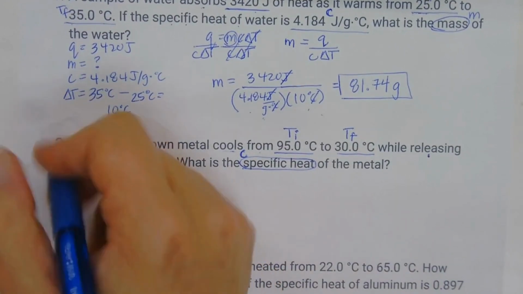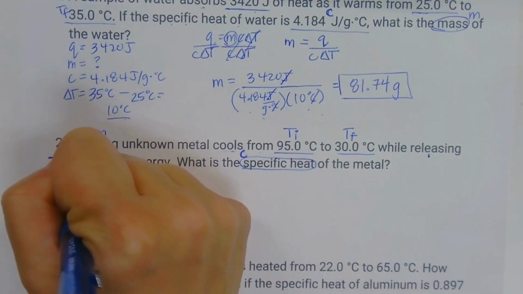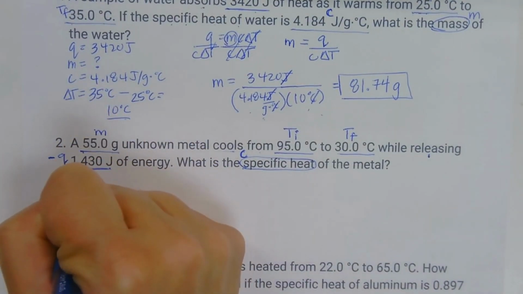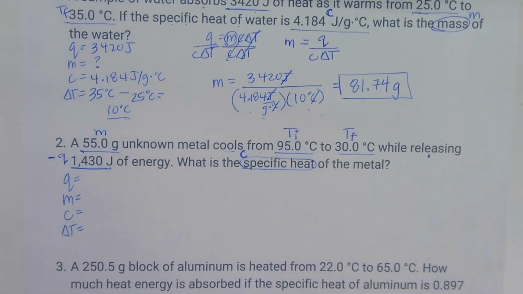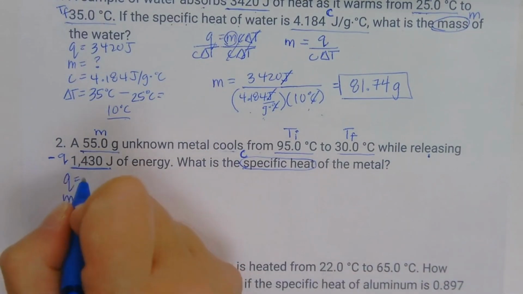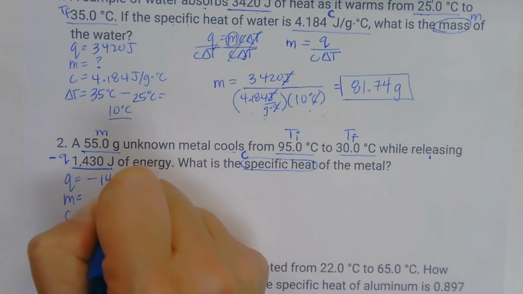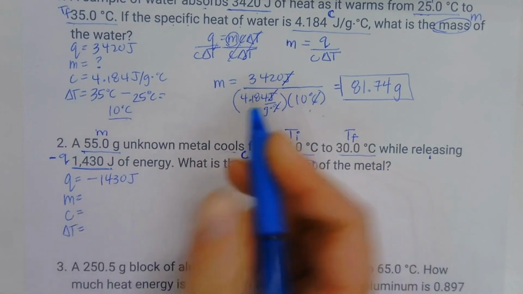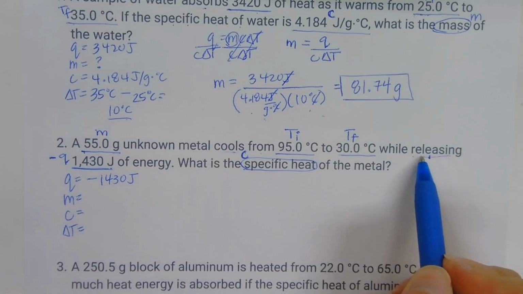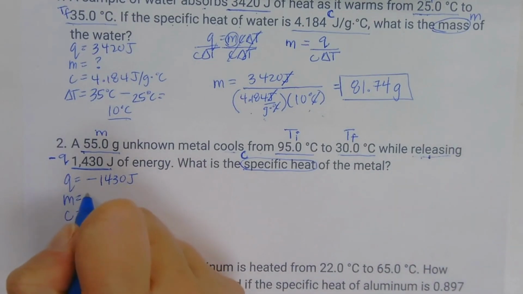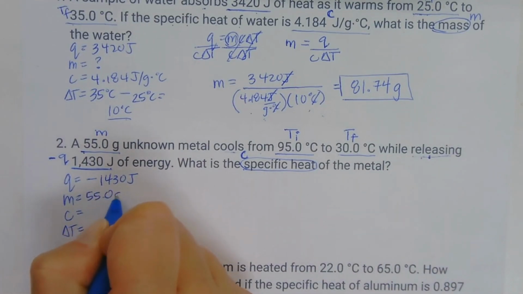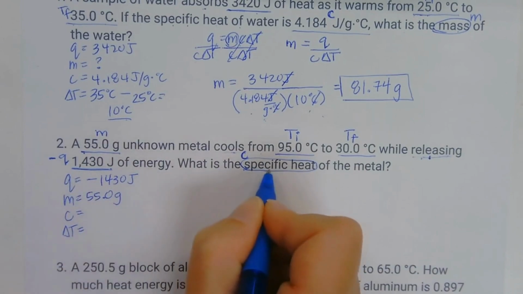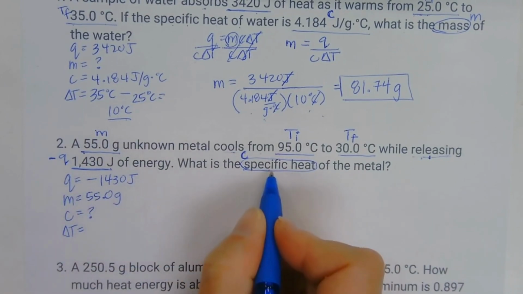So we're going to do the same thing again. Q equals MC delta T to lay it all out. So Q is a negative 1,430 joules because it's releasing that energy. The mass is 55.0 grams. The specific heat we don't know. That's why we circled it.